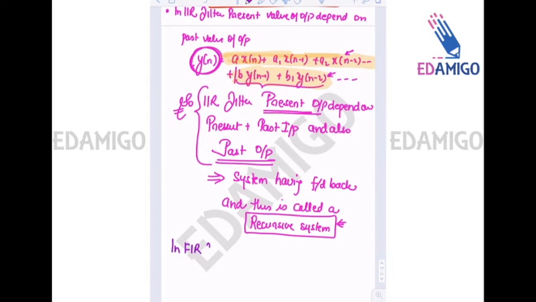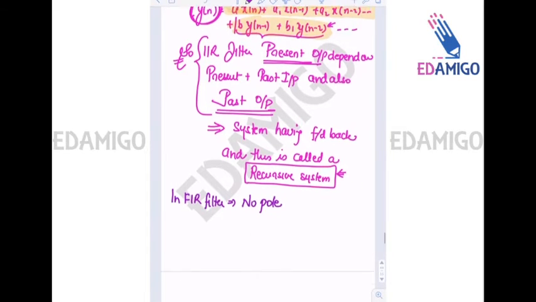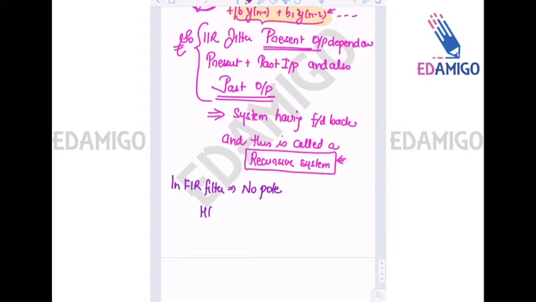in an FIR filter there is no pole except at 0 and infinity. So H(z) will be of the format A plus A1 z inverse plus A2 z to the minus 2, A3 z to the minus 3, something like that.